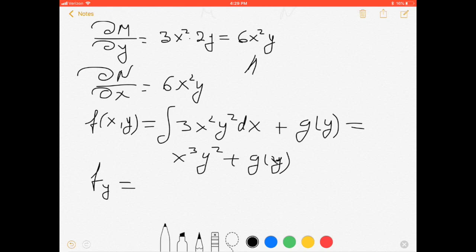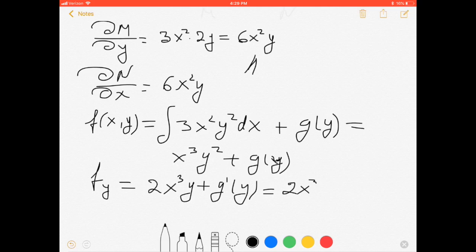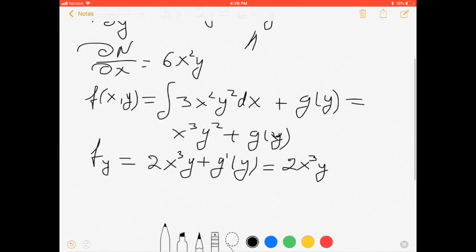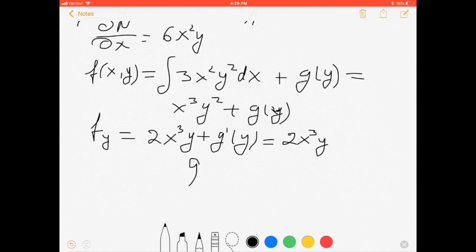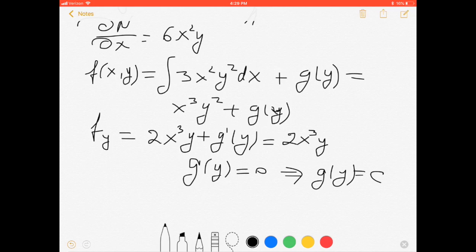It will be 2x cubed y plus g prime of y, equal exactly to function n, but function n is 2x cubed y. This means our g prime of y equals 0. It means g of y can be only some constant c.